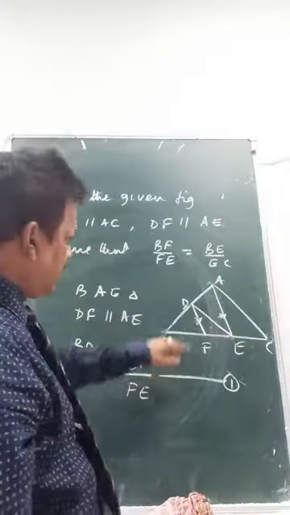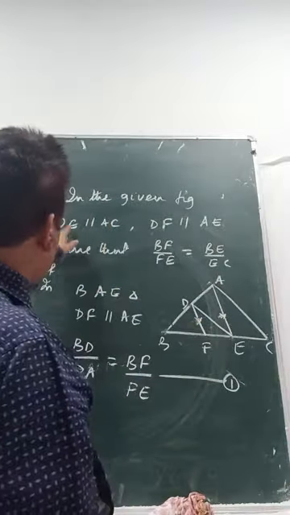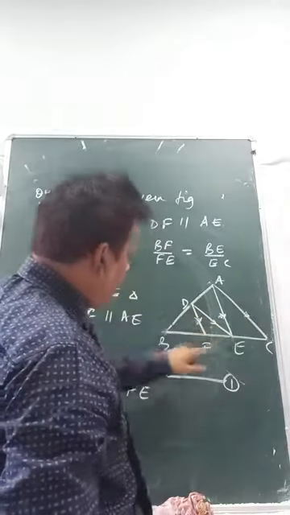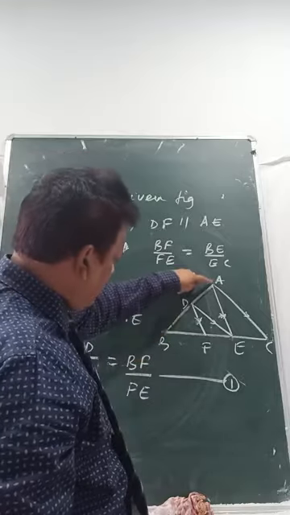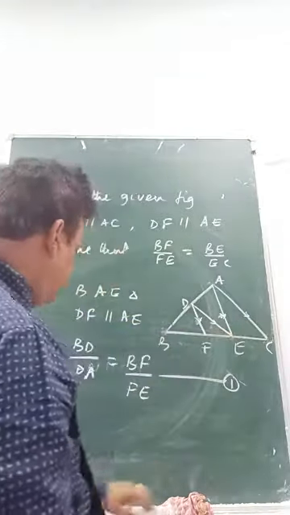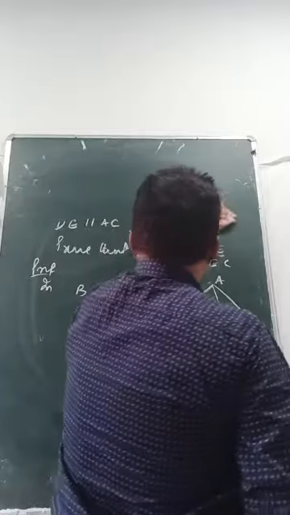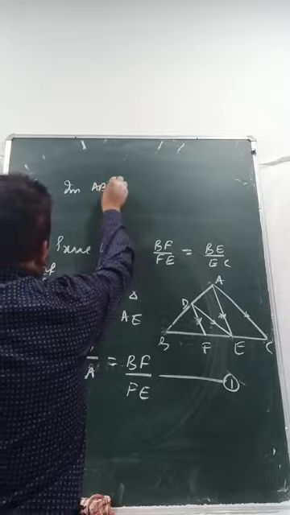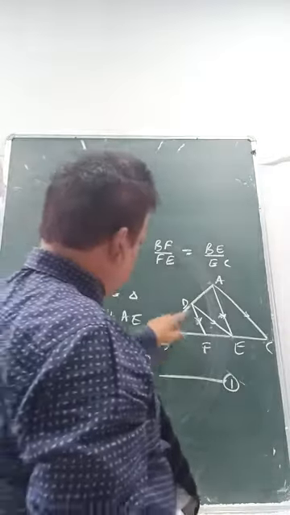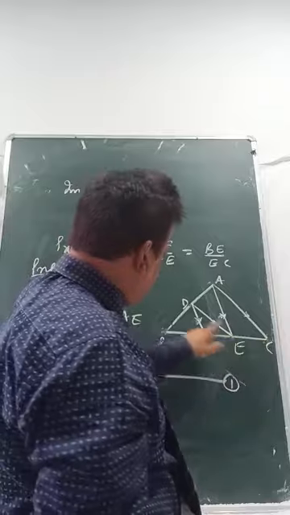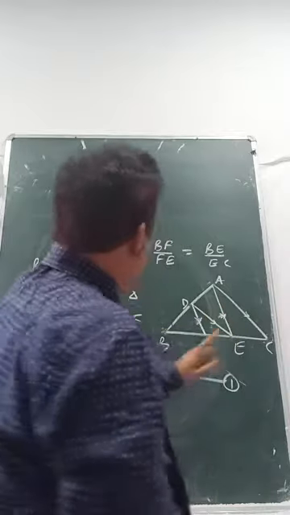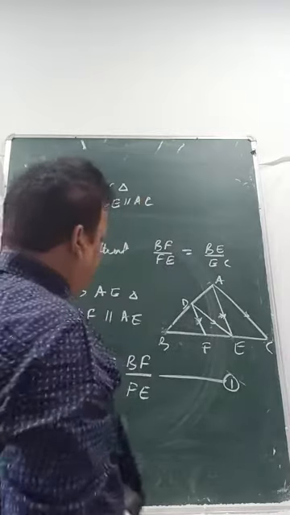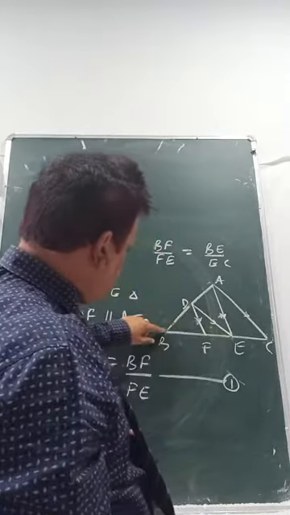Okay. Then you have taken these two parallel. Again you see DE parallel to AC, this is also parallel. So which triangle is this? Now you have to take again the ABC triangle. In ABC triangle, DE parallel to AC. When DE is parallel to AC, you have to start from here.